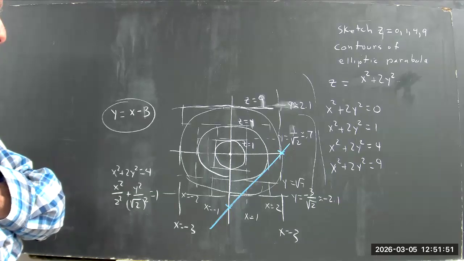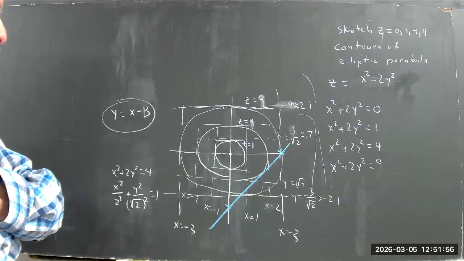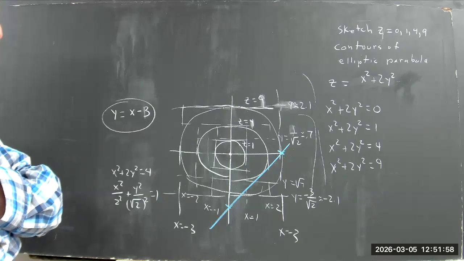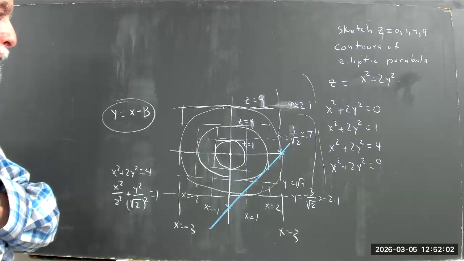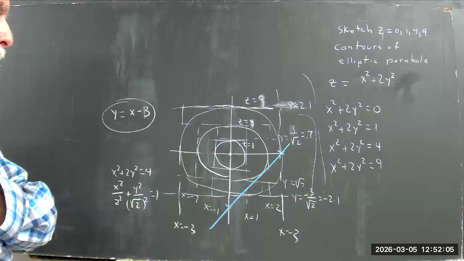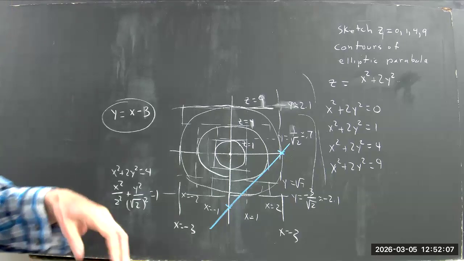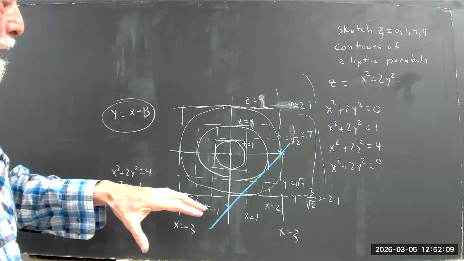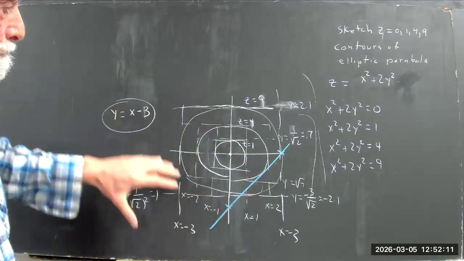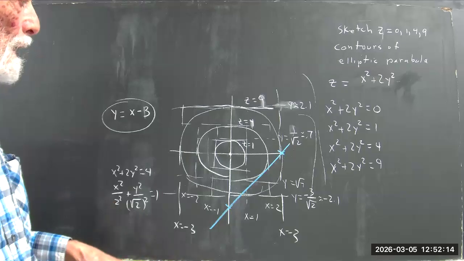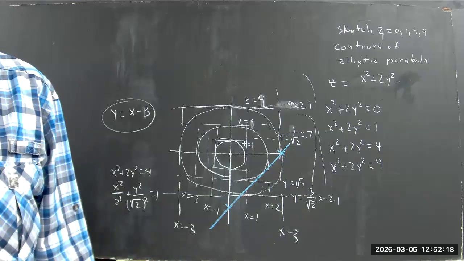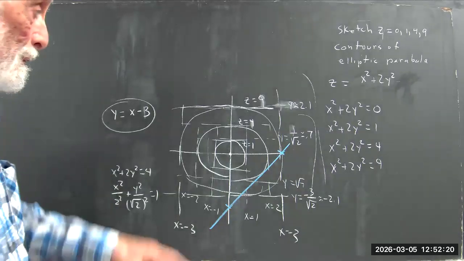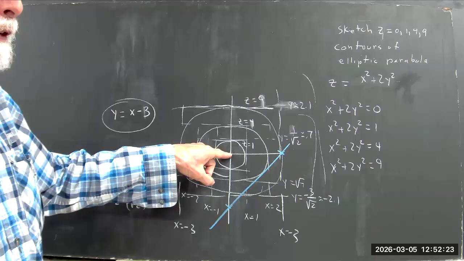But just to relate to the temperatures, now let's say that these represent temperatures on a plate. Let's say that the whole plate was originally at 12 degrees, and then we decided to freeze this one out.